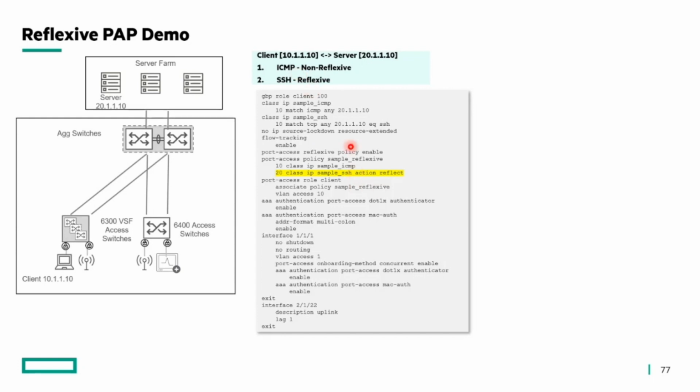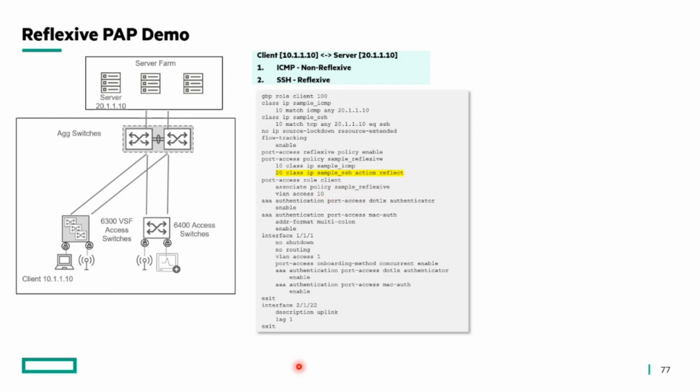One is for ICMP and the other is for TCP, specifically SSH, and I associated them to the policy, and that policy will be applied to the end client using the role client here. I'm associating that client to the role client and then the policy and the corresponding VLAN.